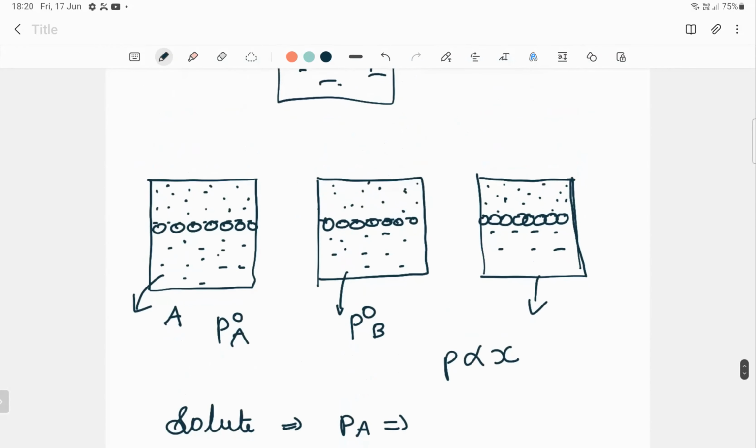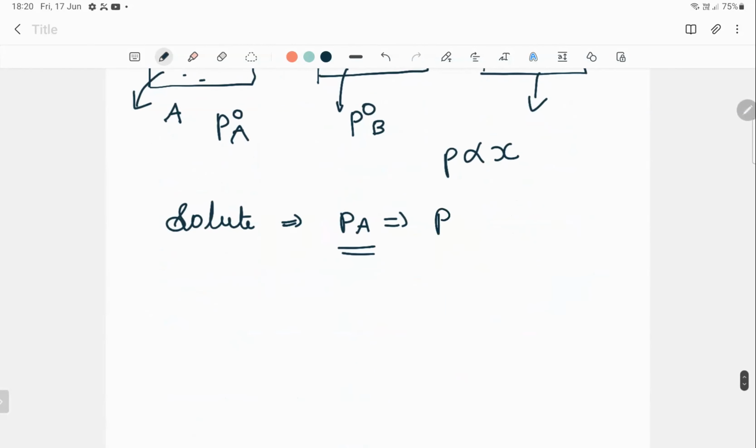In solution. In this chamber the pressure will be there as a vapor pressure. But here, the vapor pressure is present as a partial vapor pressure because we're just intermixing A and B, correct? Partial vapor pressure will be there according to Dalton's law. So now we can write PA is equal to P0A into XA.